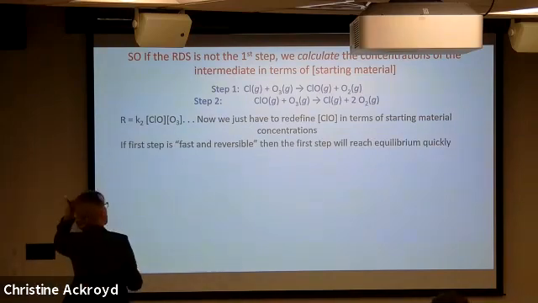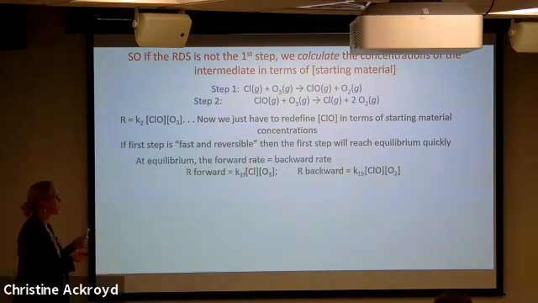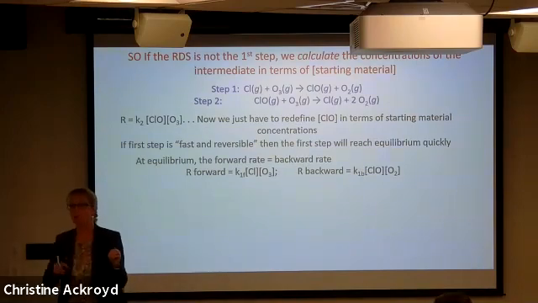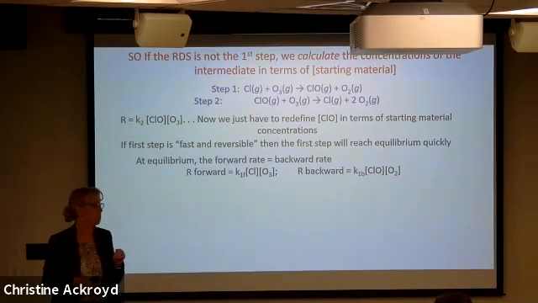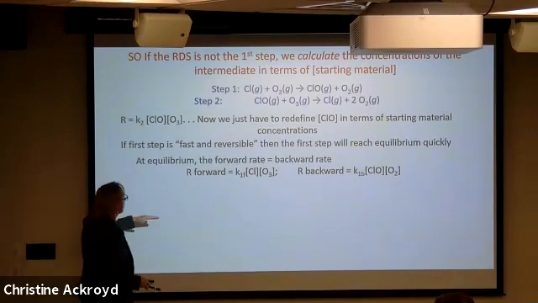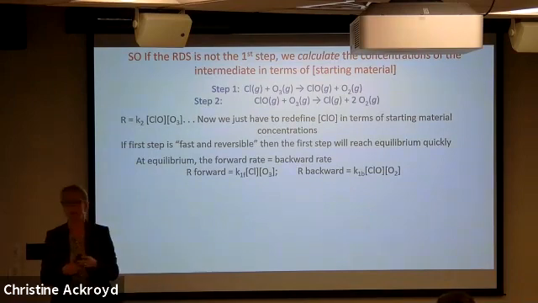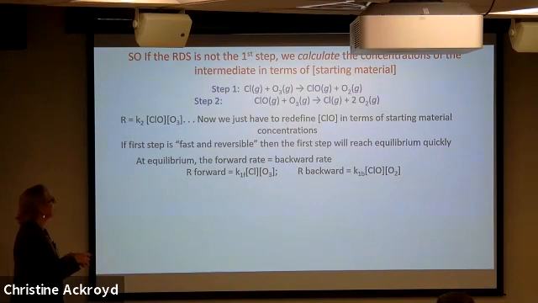Okay. So we say if the first step is fast and reversible, then it reaches equilibrium quickly. Which means we're assuming that the first step comes to equilibrium before the second step has to really happen. And what we can do is say at equilibrium, the forward rate and the backward rate are the same as each other, right? What would the forward rate of the first step be?